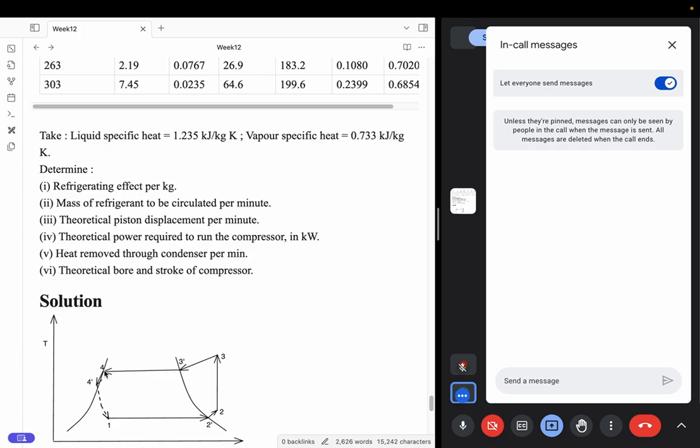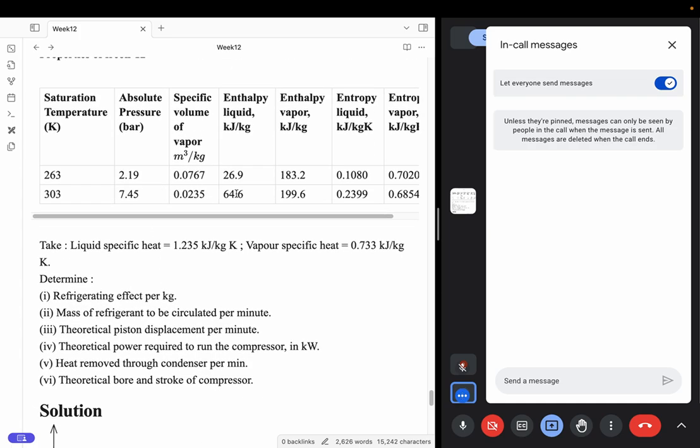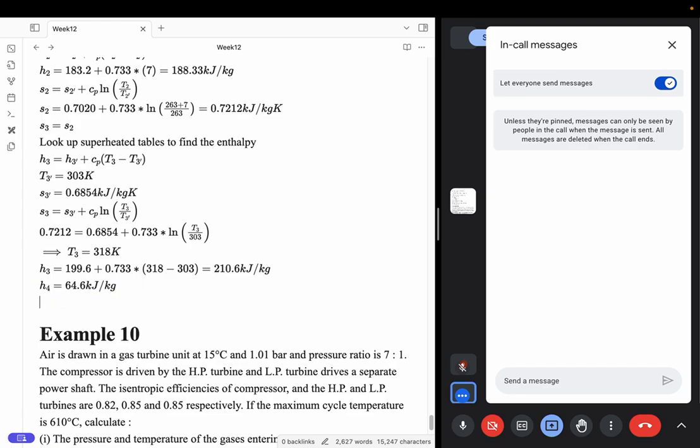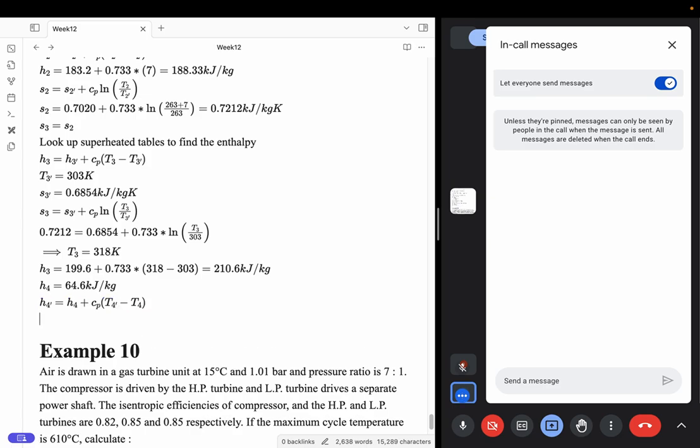If I want to calculate H4 prime, that will be H4 plus Cp times (T4 prime minus T4). This is again straightforward.